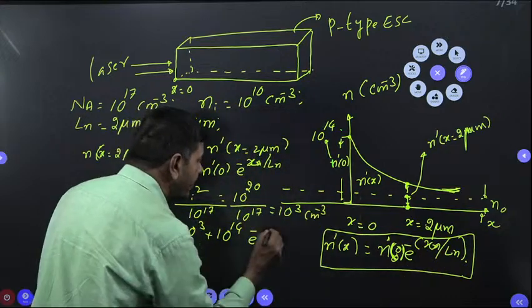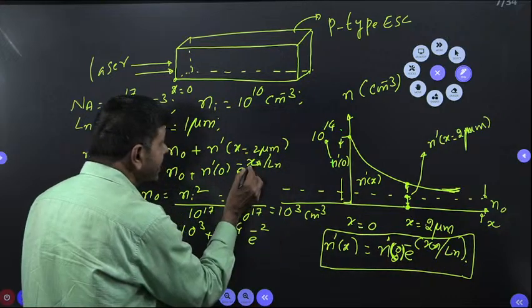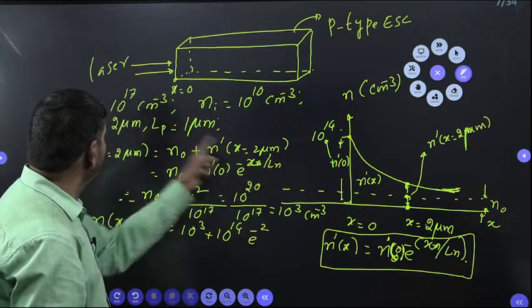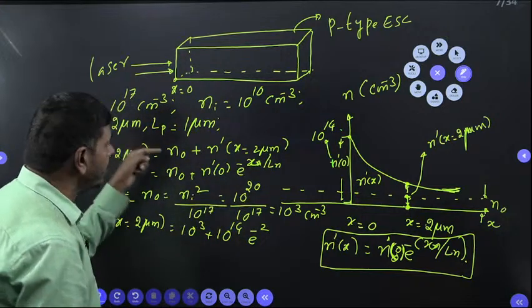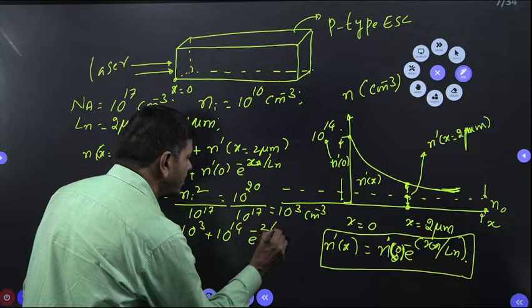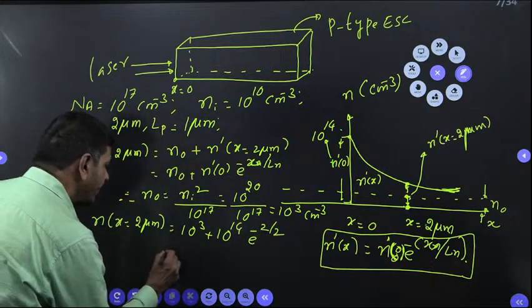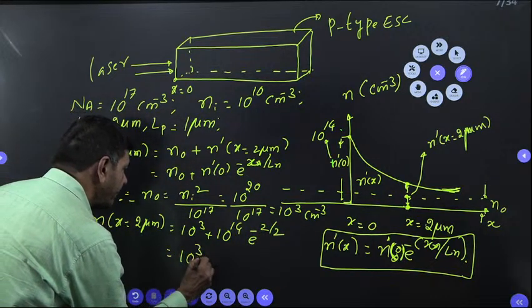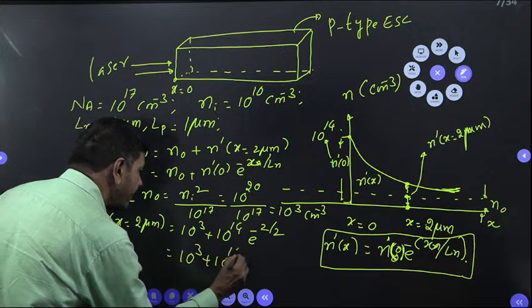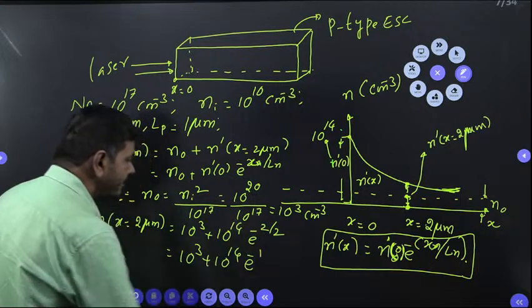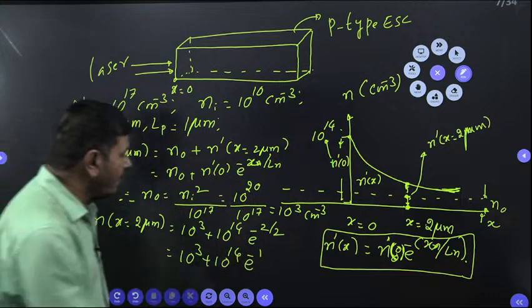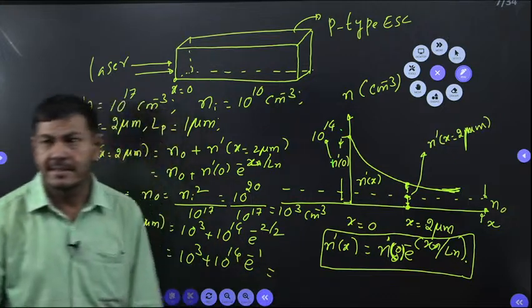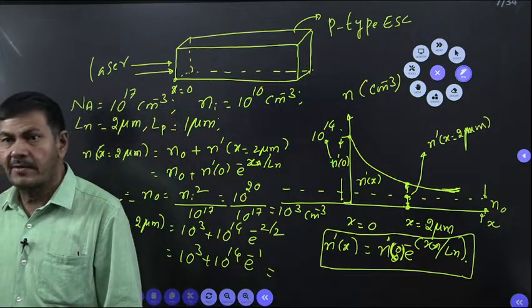X is nothing but 2 micrometers. But X is in micrometers, and L is also in micrometers. Micro cancels, 2 by 2 is possible now. Finally, we can write 10 power 3 plus 10 power 14 into e power minus 1. Now use a calculator, what value does it come to? Anybody can use a calculator. I'll give the value, please watch.